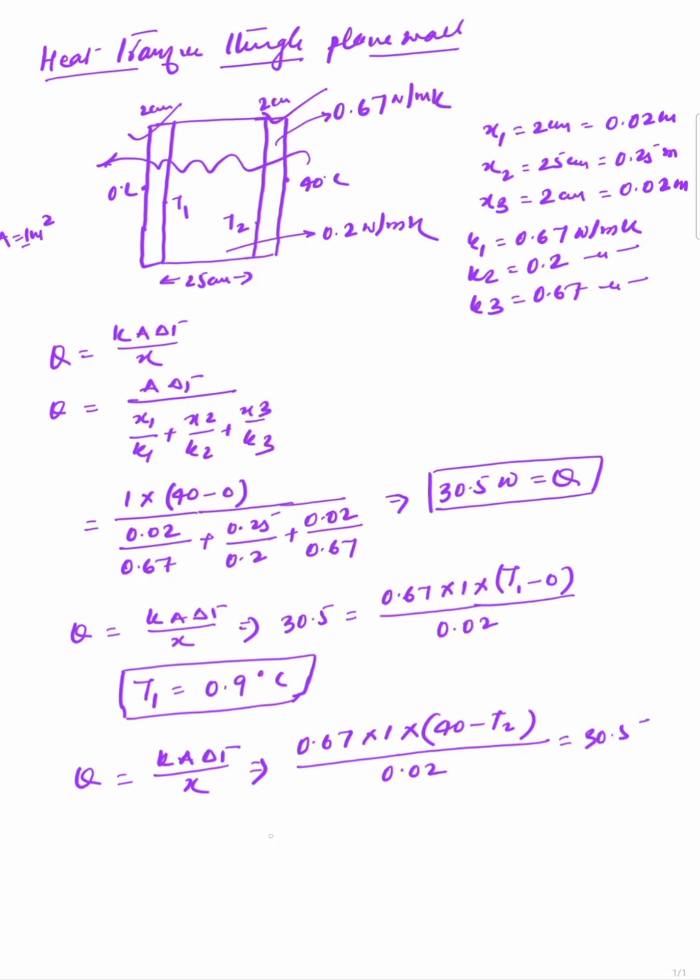So if we solve this one, you'll get the value of T2 is around 39 degree centigrade. I hope you understand how to calculate the value of Q and interfacial temperature in the case of composite wall. Thank you.